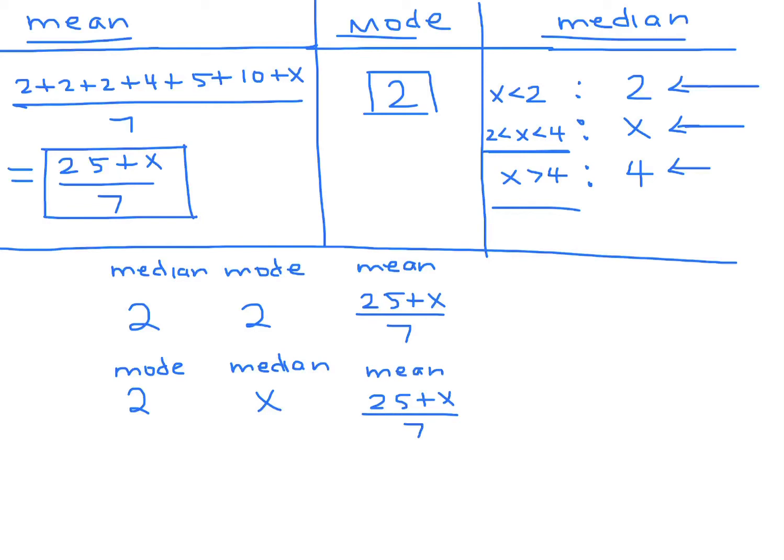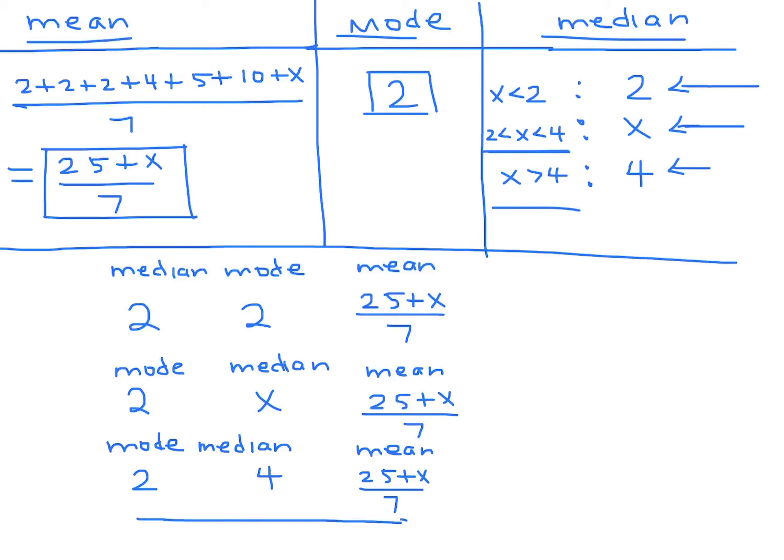Like that. And then finally, when x is greater than 4, the median is 4. So we've got 2 for the mode. The median is 4. And the mean is 25 plus x over 7. So I have to write them in increasing order, and I did that.